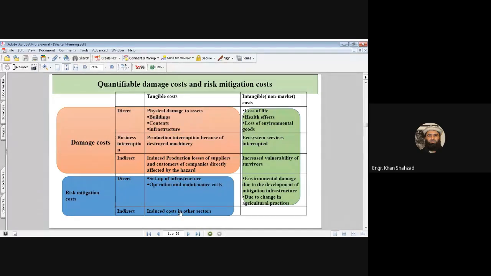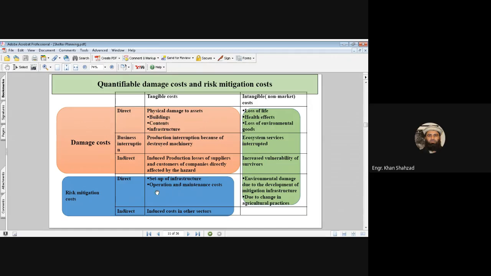And induced costs in other sectors. Other sectors which are involved in disaster response management, just like PDMA, because PDMA is not going to construct your infrastructure, like bridges and roads and the electricity system, because WAPDA will be involved, the construction and works department will be involved, irrigation departments will be involved.